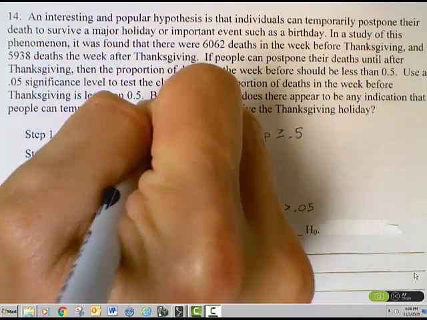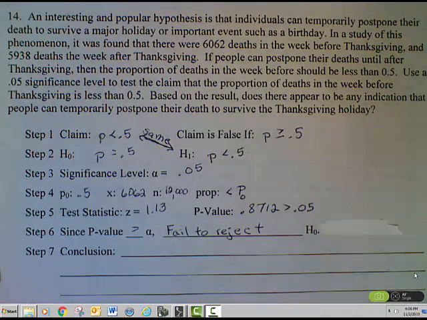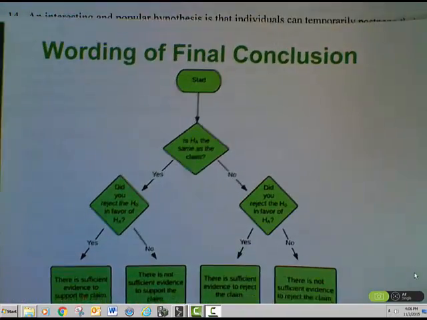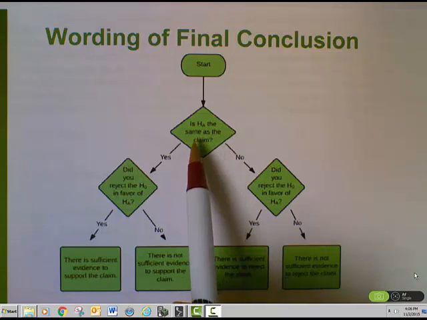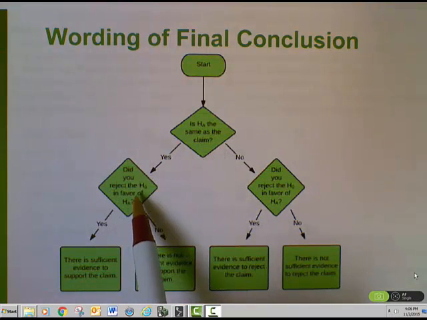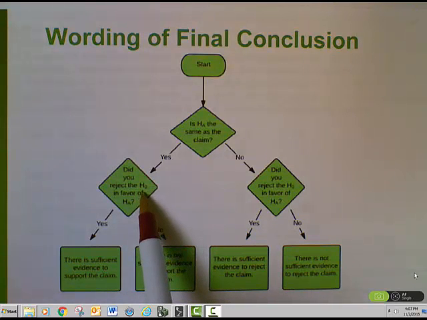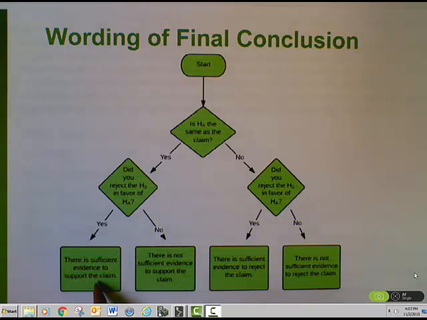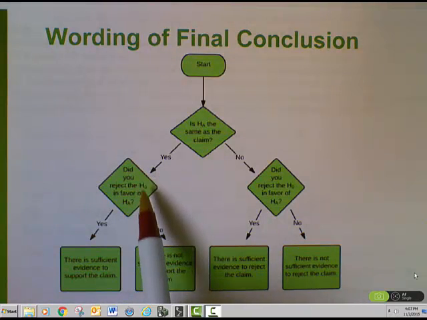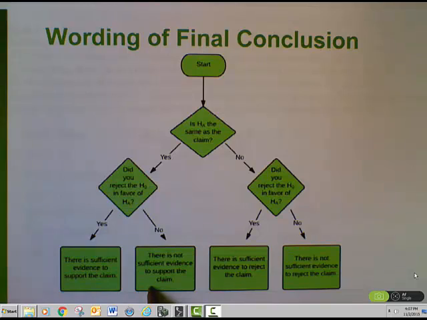If the alternate hypothesis is the same as the claim, then I'm going to refer back to this flow chart and say the alternate hypothesis is the same as the claim. Did I reject the null hypothesis? No, I did not. So there is not sufficient evidence to support the claim. If I had rejected the null hypothesis, I would have said there is enough evidence to support the claim. But because I did not reject the null hypothesis, there's not sufficient evidence to support the claim.